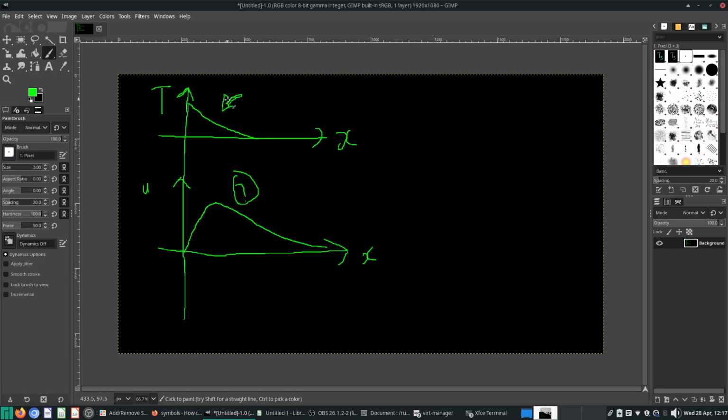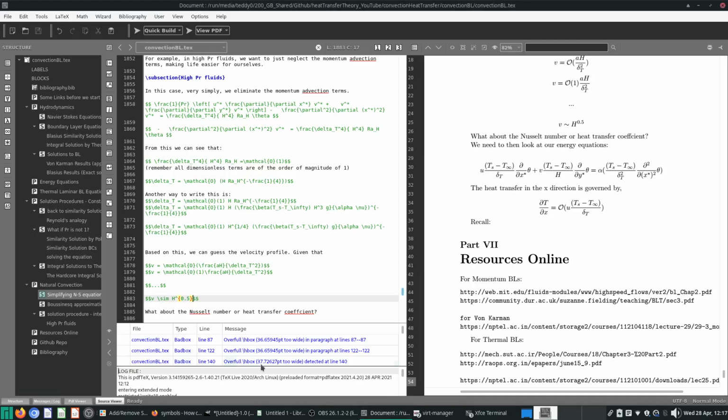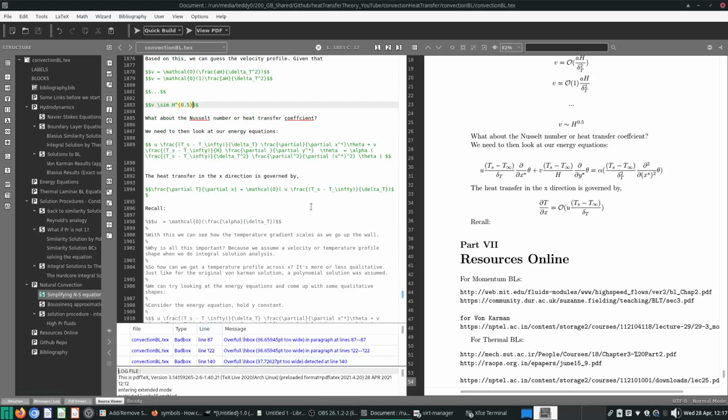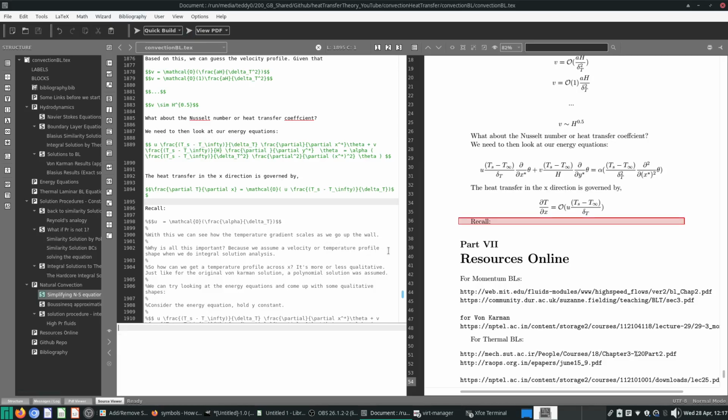We can actually look at this temperature profile here. We are trying to guess a temperature profile. So heat transfer in the x direction, how is it being determined?